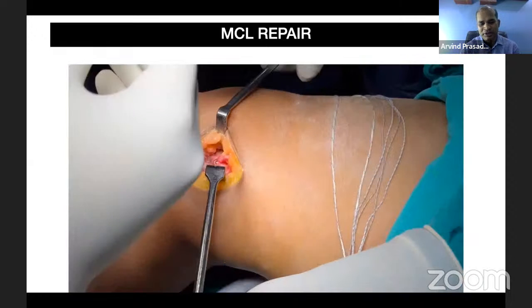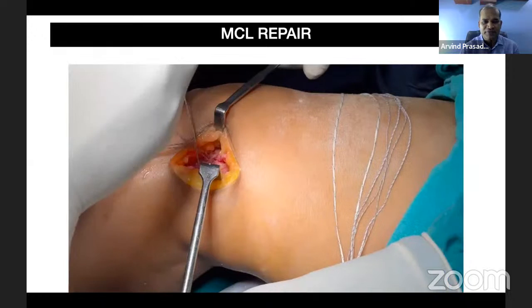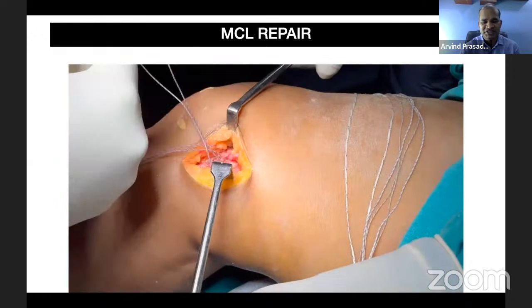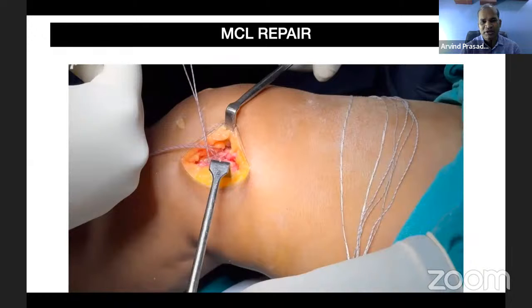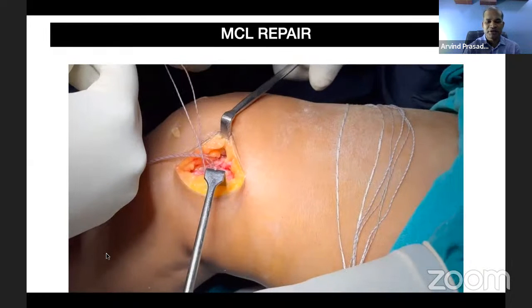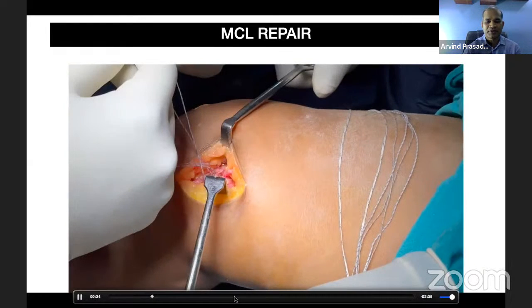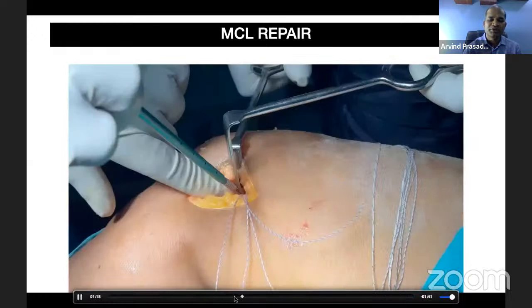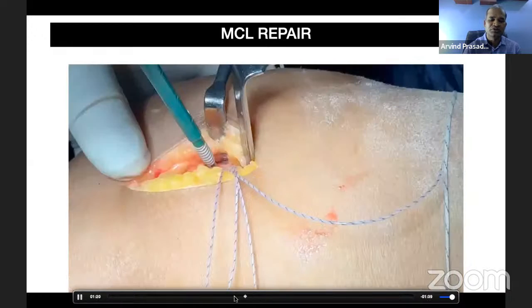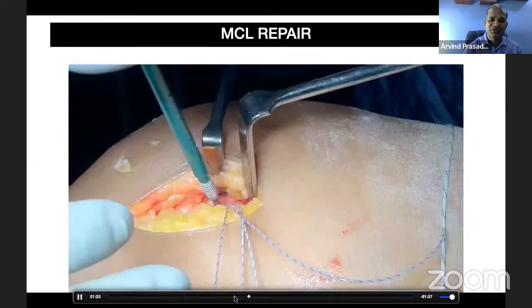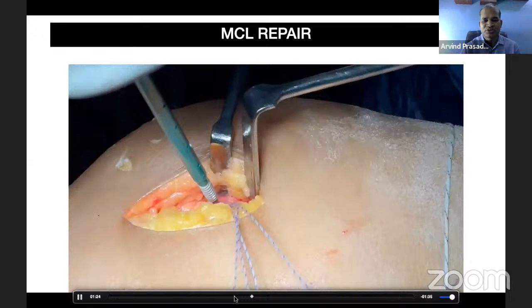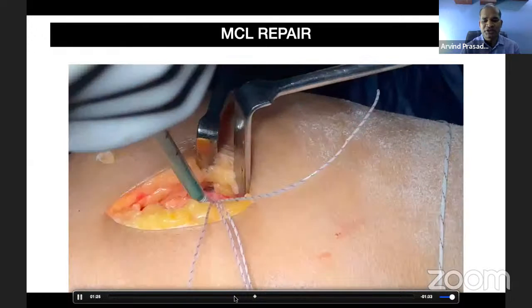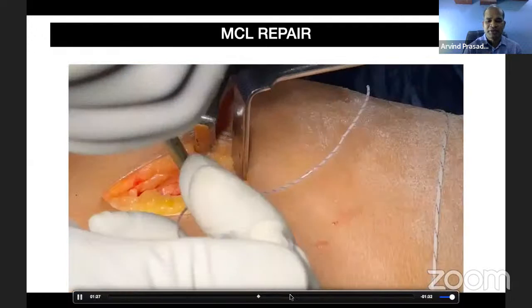So all this is the fiber wire that was taken, a stitch taken through that avulsed part, and all these has been passed through this. And that's why anatomy knowledge is very important, so that you should be putting it exactly where it has to be placed, so that the isometry of the ligament is maintained.